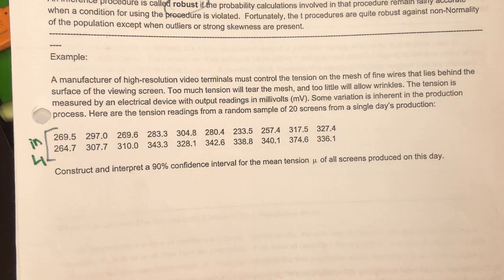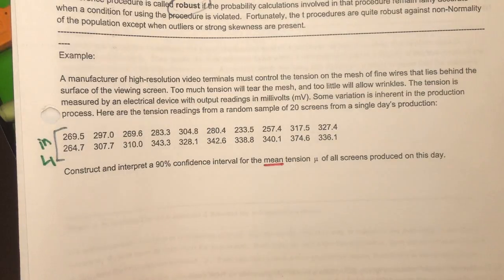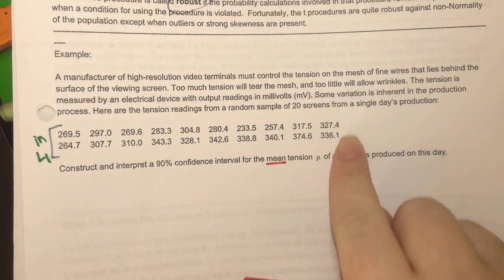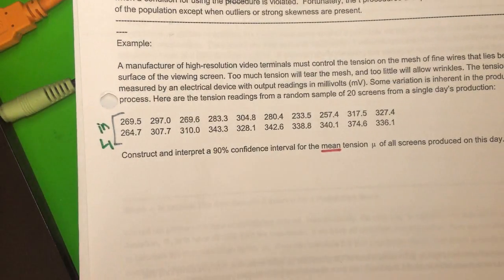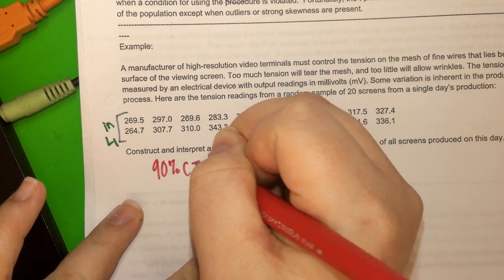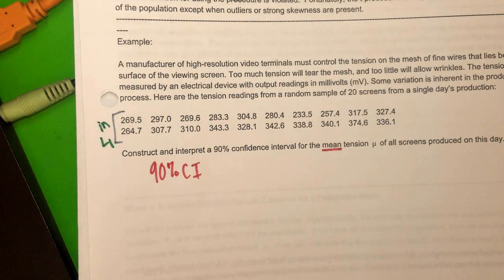Okay, perfect. So, who cares about the screen part, there are 3 main things I got from this. How do I know this is a means problem? It literally said the word mean. There are some numbers that I need from this. Besides the little list there, what else do I need to know? The 90% confidence interval, 10% on both sides.